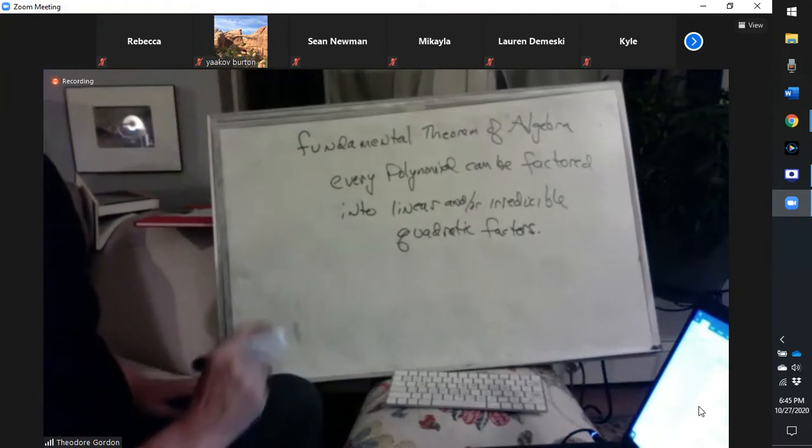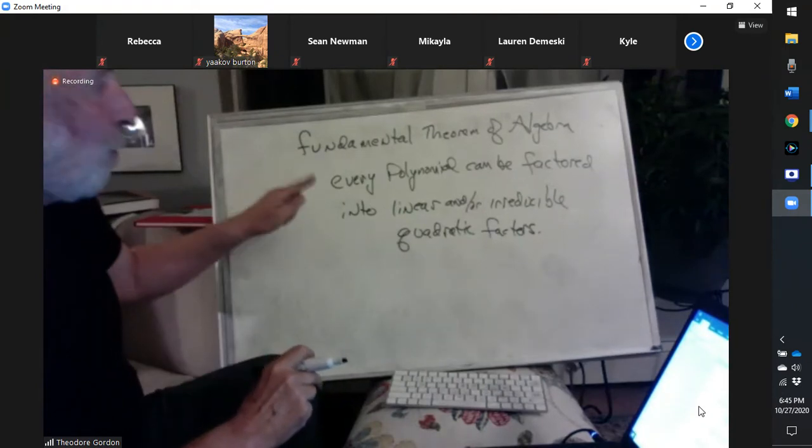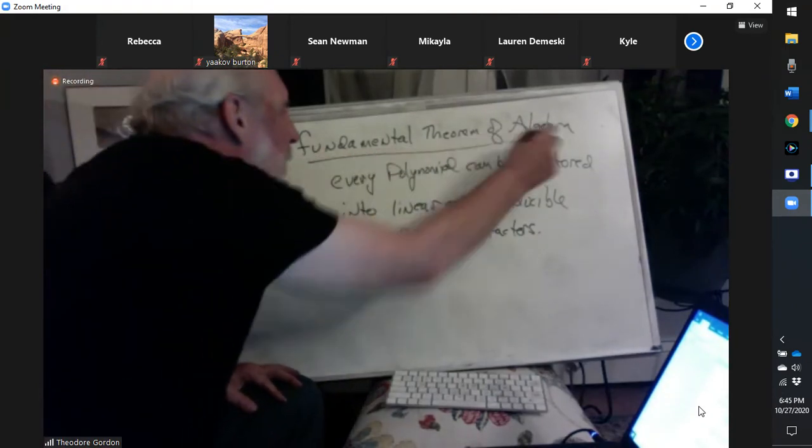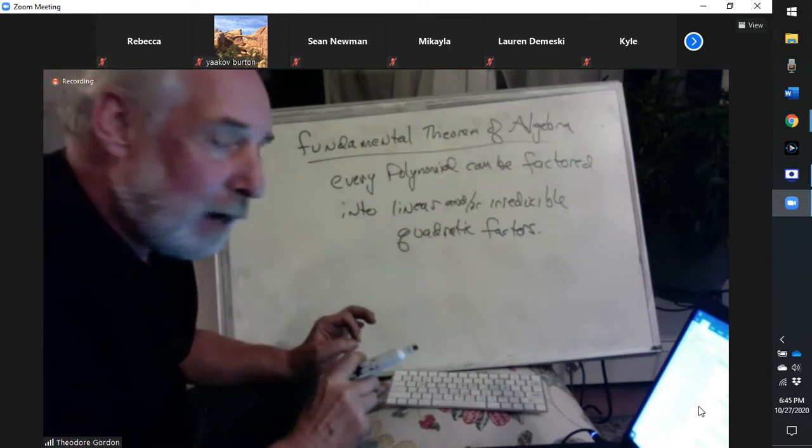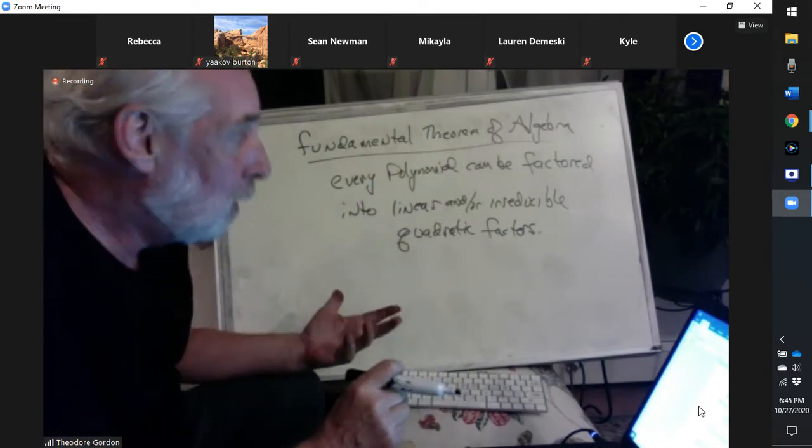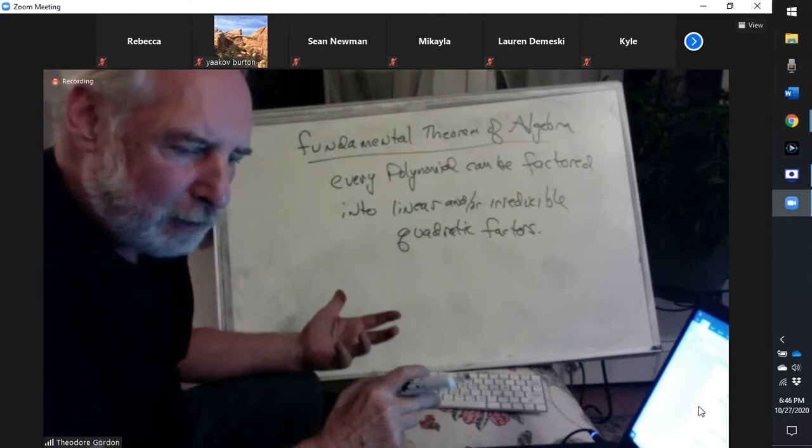Well, that's a whole lot of words right there. So every polynomial can be factored into linear and/or a combination of irreducible quadratic factors.